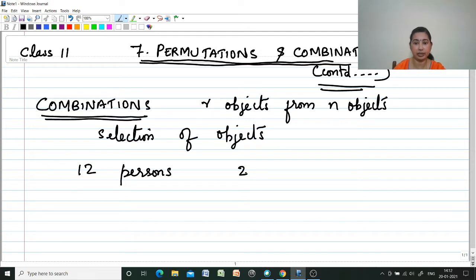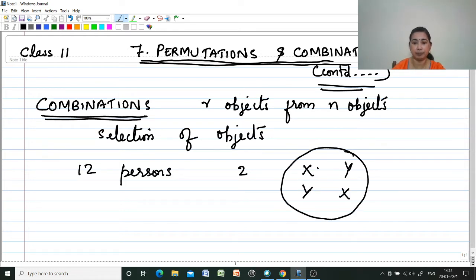If X is giving a shake hand to Y or Y is giving a shake hand to X, both forms are only one shake hand. So for one shake hand we need 2 persons, and if 12 persons are there, how many shake hands are possible? All these we study in combination.